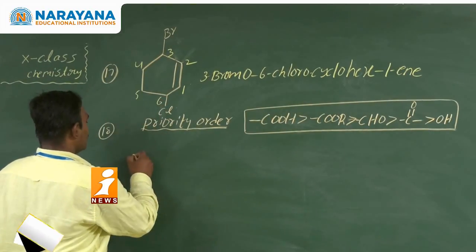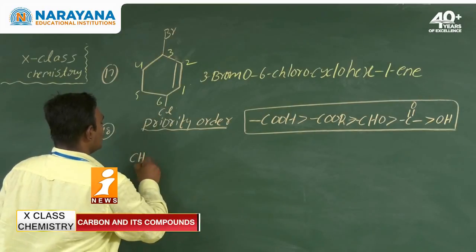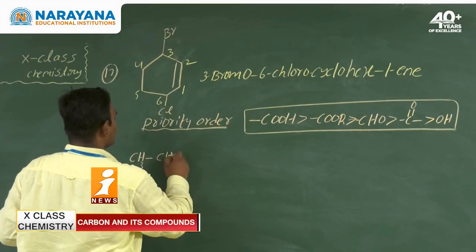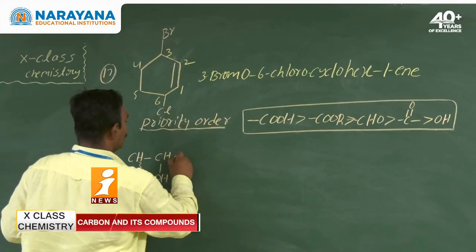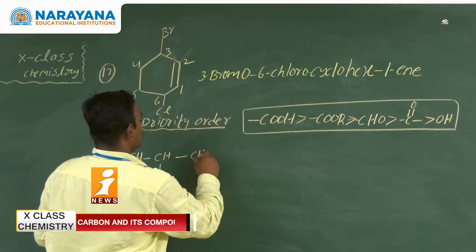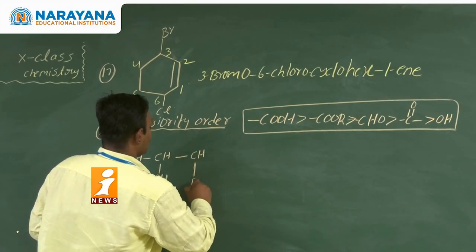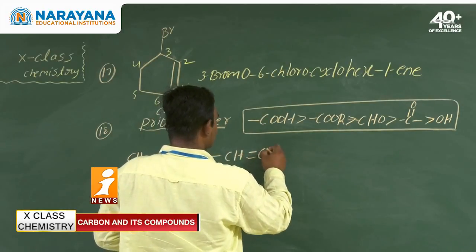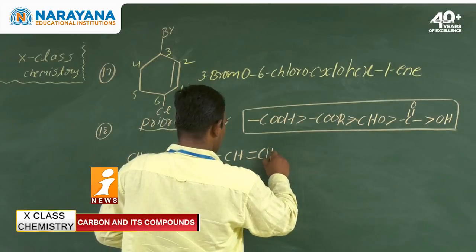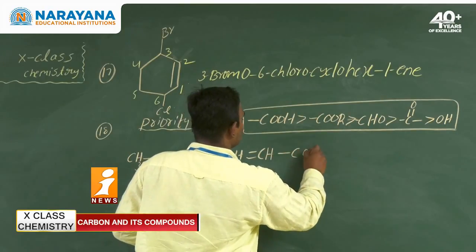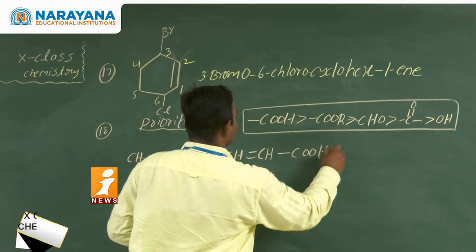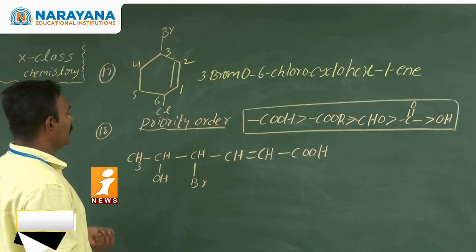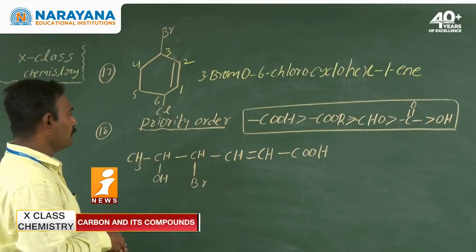Now see the example here. CH3, CHOH, CHBr, CH double bond CH, COOH. Now what is the name of this compound?